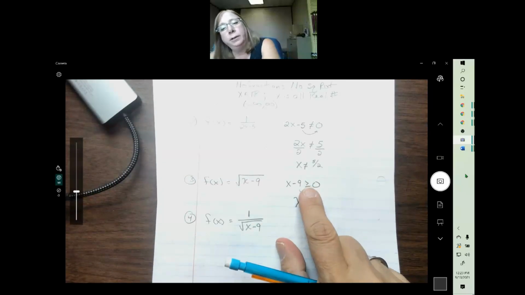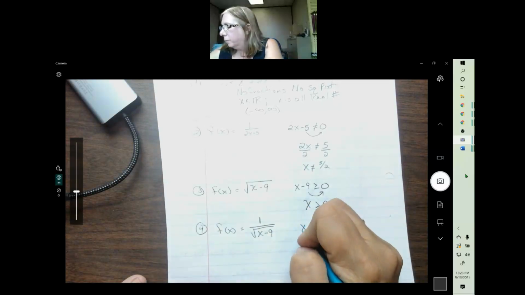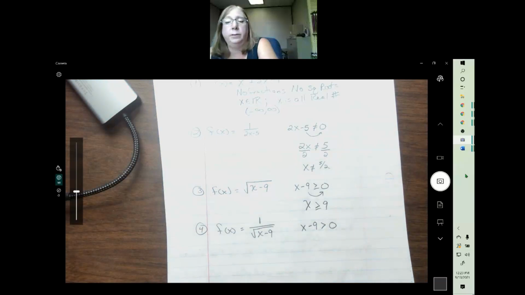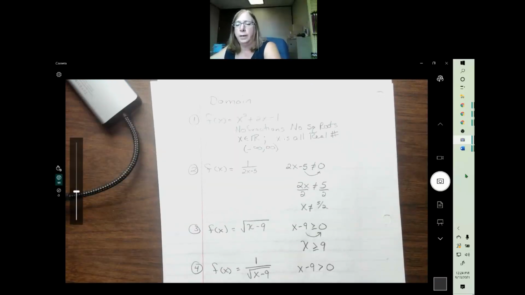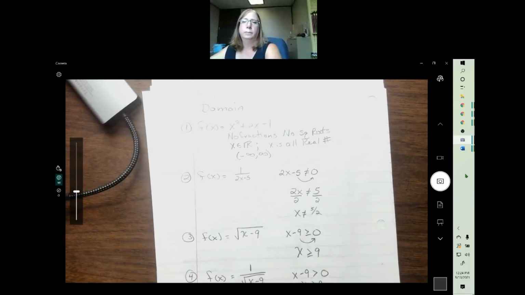So instead of greater than or equal to 0, if I put it in the bottom, you get rid of the equal to part. It can only be greater than 0. So that's the only difference. But those are the 3 cases so far that we have. So this would be x greater than 9.